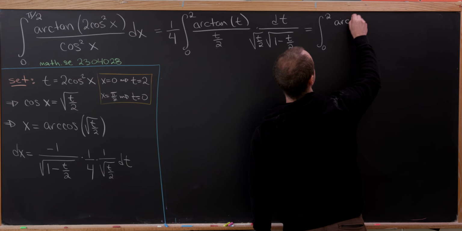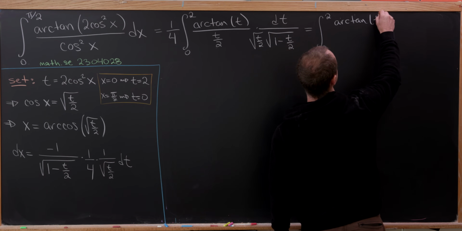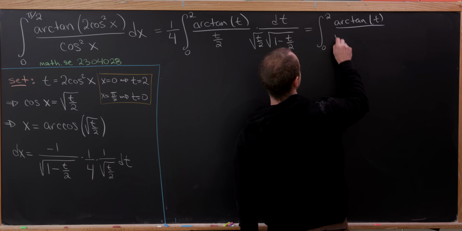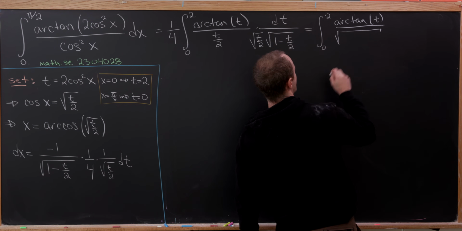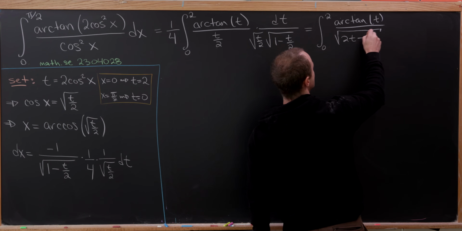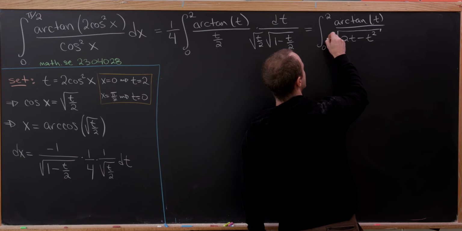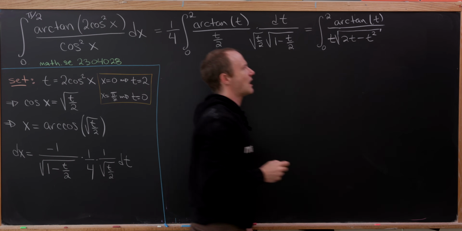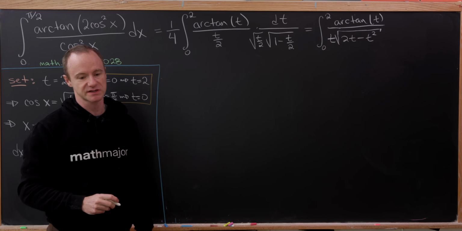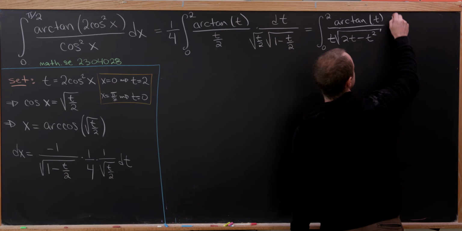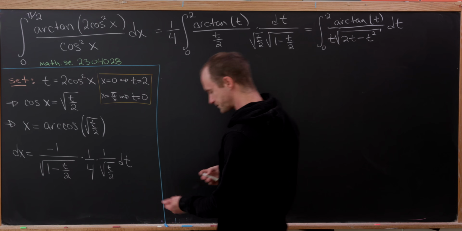We'll have still the arctan of t in the numerator, but after putting all of that stuff in the denominator, along with this 4, we'll have the square root of 2t minus t squared left under the radical, and then a free variable t outside of the radical. It looks something like that. And then of course we have our dt component.